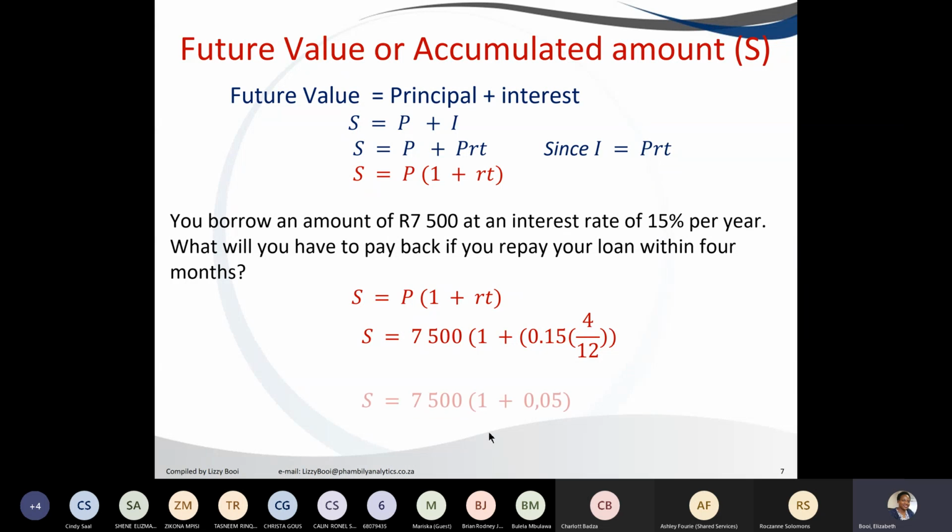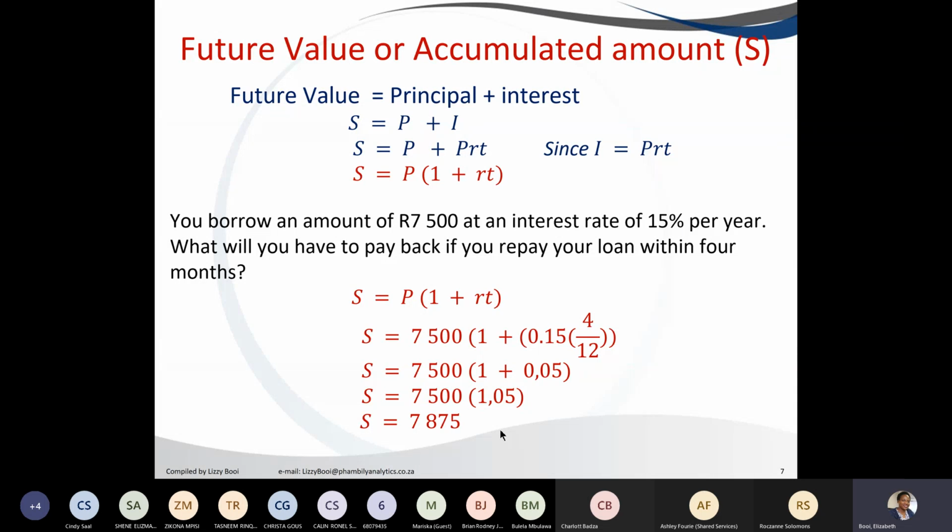Solving the equation, inside the bracket multiplying 0.15 times 4 over 12, we get 0.05. Solving what is inside the bracket again will give us 1.05 times 7,500, and if we multiply that, the answer is 7,875.